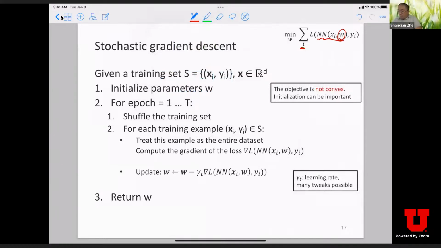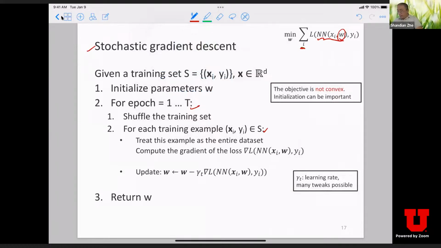The whole training procedure can be solved by applying the stochastic gradient descent framework. We discussed it for other learning algorithms before. Given the training set, we first initialize the parameters of the neural network. Then we go through the data set for big T epochs. Inside each epoch, we first randomly shuffle the training set, then go through every training example one by one.